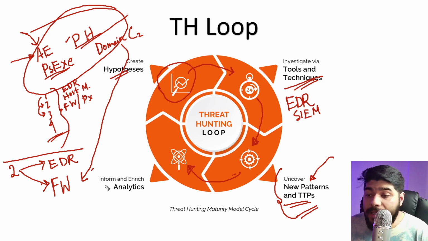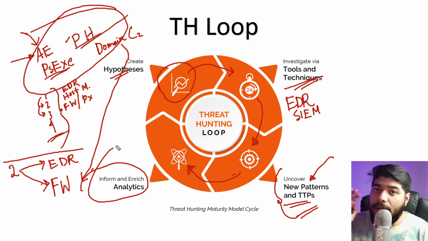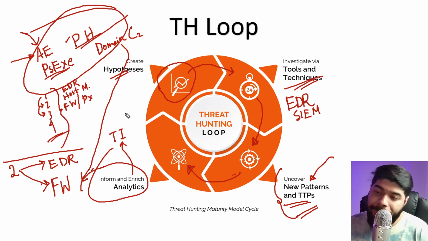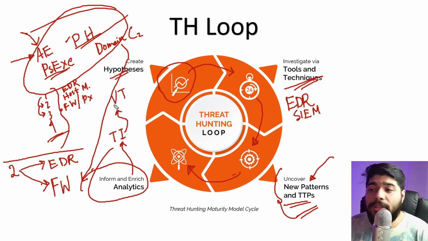Now what do I mean by inform and enrich your analytics? That means you are not only dependent on whatever you have identified on your machine, but you also enrich that data using your threat intelligence information. Yes guys, so you can go to tools like VirusTotal, to third-party vendors that provide you a feed, something like Anomali, or even an open source solution like MISP.